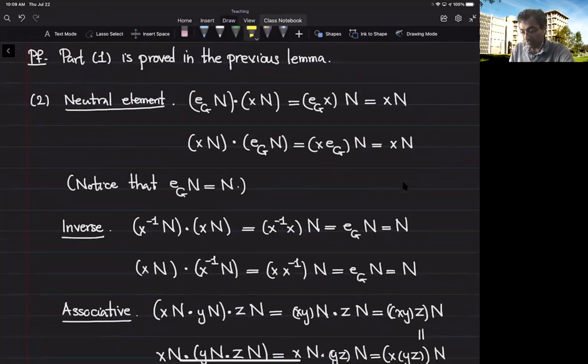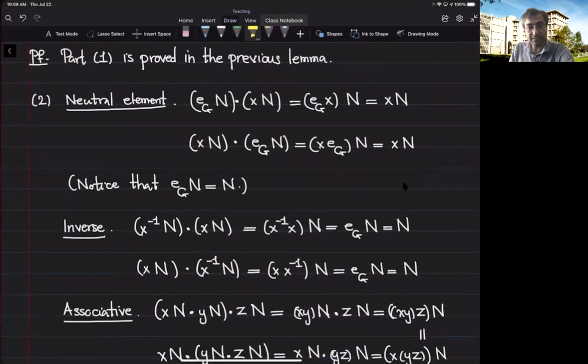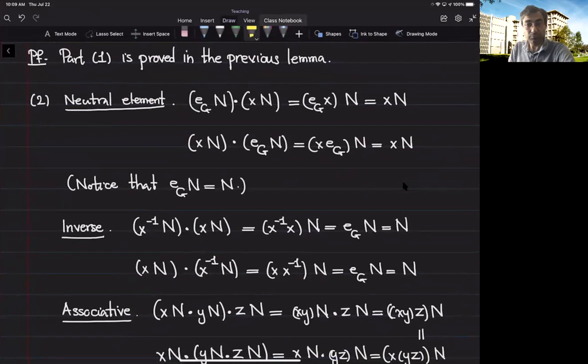Of course, we have to take the coset that has the neutral element of the group G in it, because we want to use properties of the group G. So I look at the coset that's represented by e sub G, and when I multiply it by an arbitrary left coset, I need to multiply the coset representatives, that's the neutral element of the group times x, and then take the coset that this element gives me.